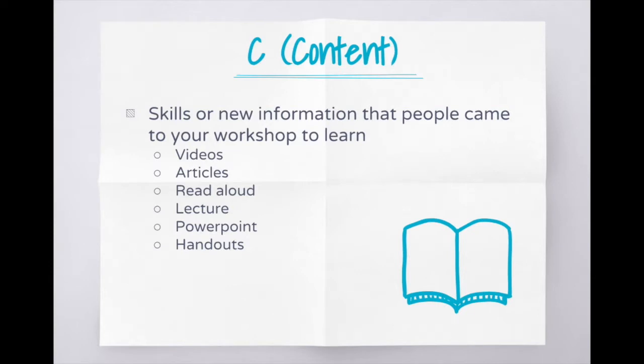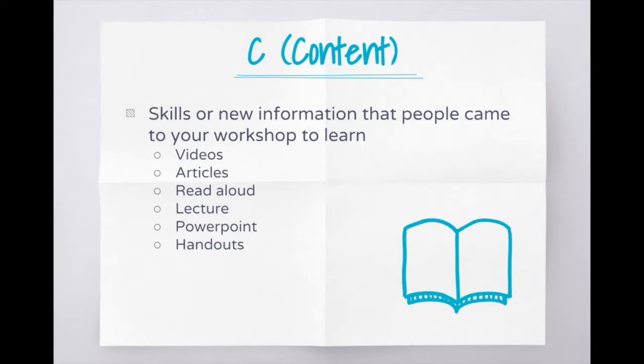Next is the content. This is what people signed up for your workshop to learn. This is the information or the new skills that people are going to be able to walk away from your session with. You can use a number of different mediums to convey this information.